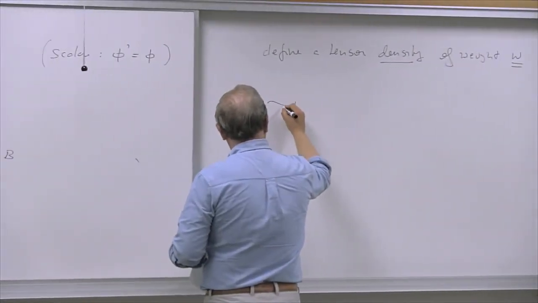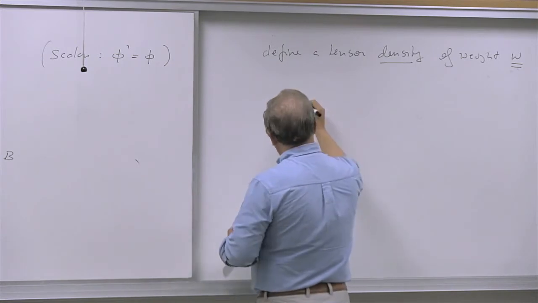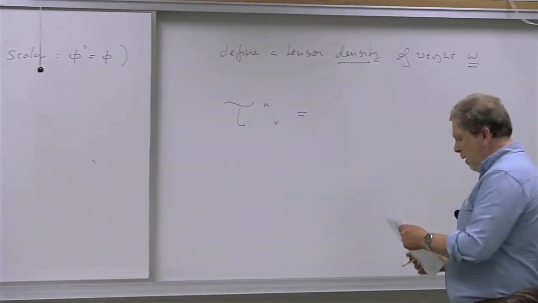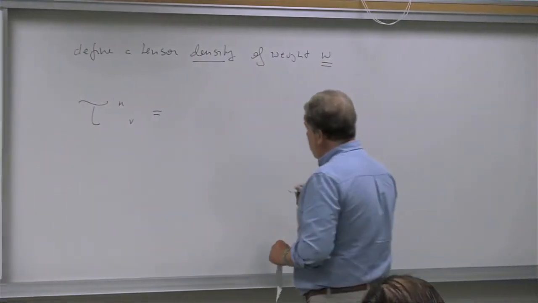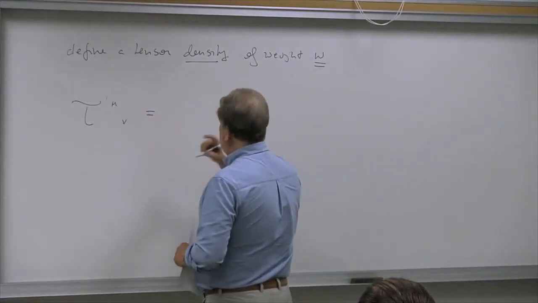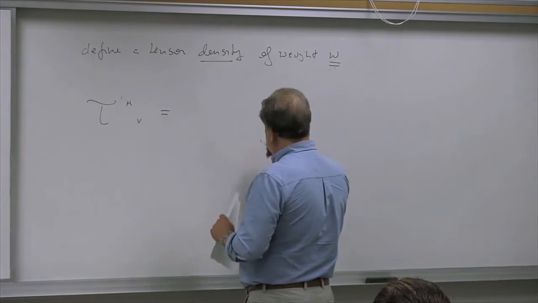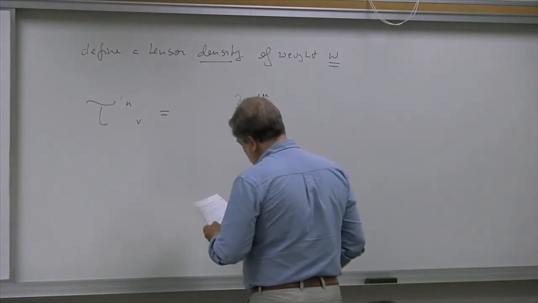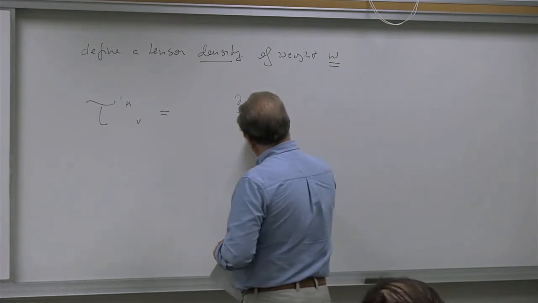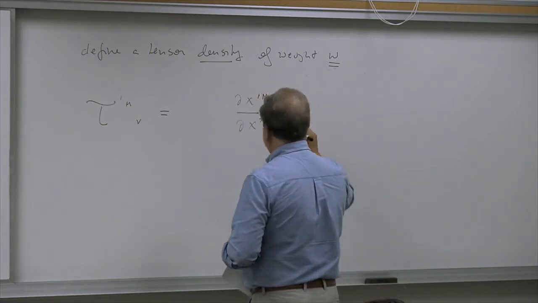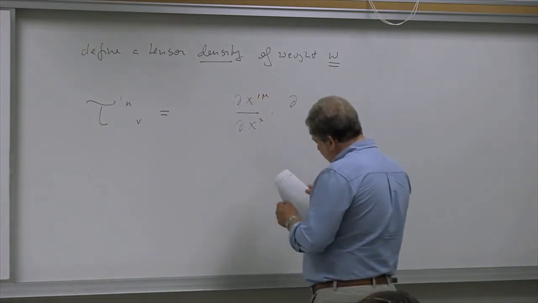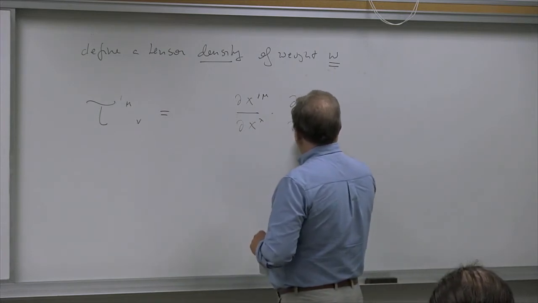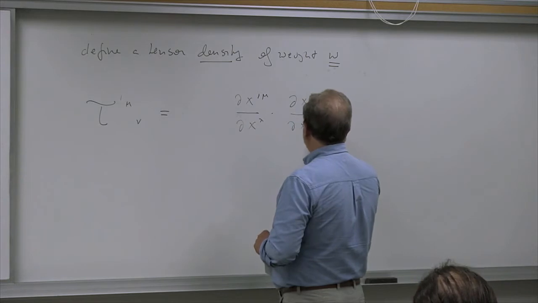So tensor density, script T prime mu nu, right? So the primed one transforms like, well, it has an index upstairs and one downstairs, so it will transform like dx prime mu times dx lambda downstairs times dx sigma times dx prime nu, right?